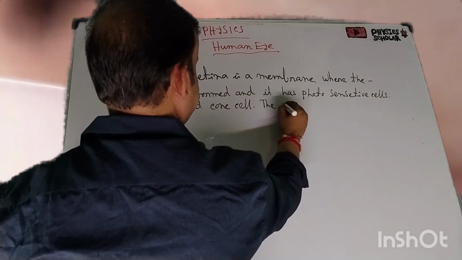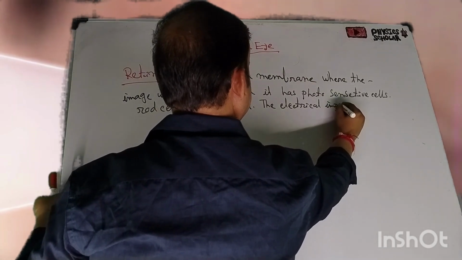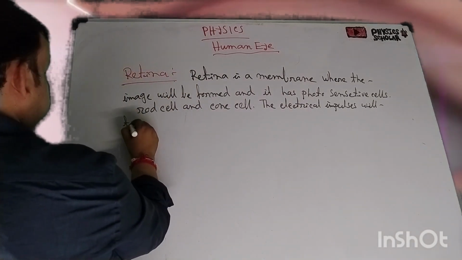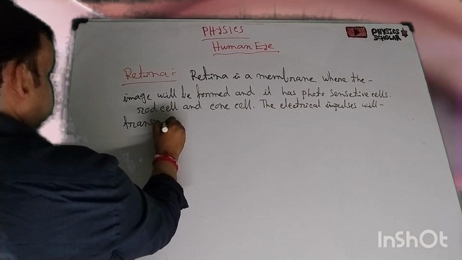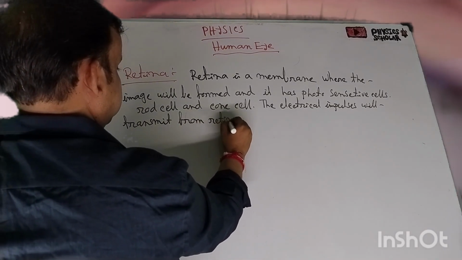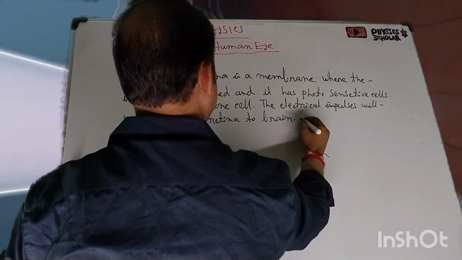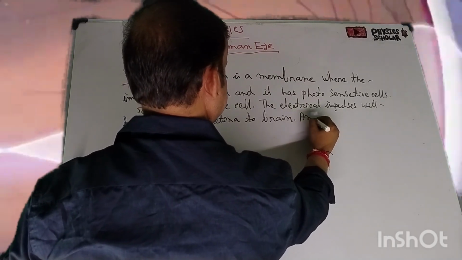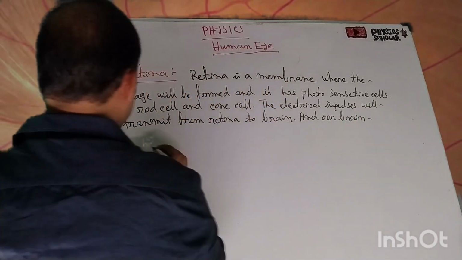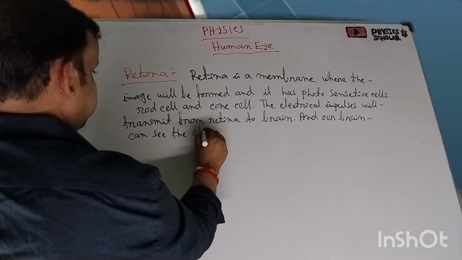The electrical impulses will be transmitted from the retina to the brain, and our brain can see the object.